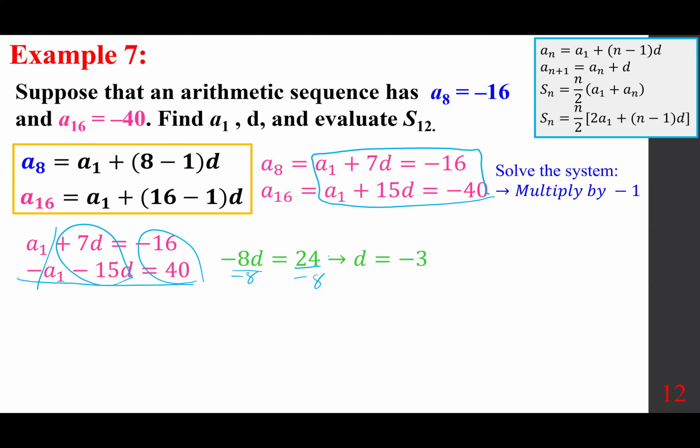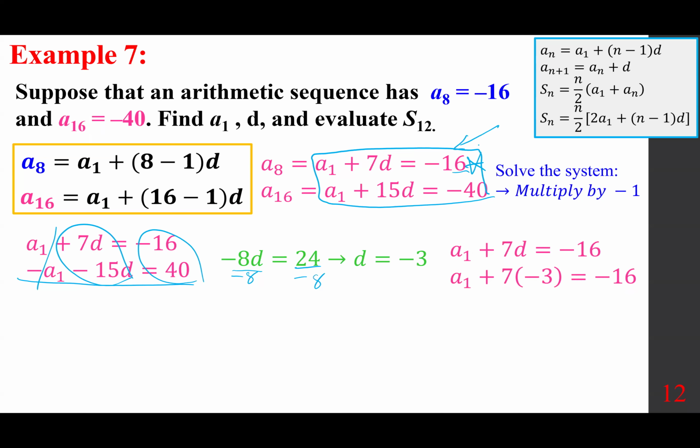I want to make sure that everybody's following all these steps that were done very clearly. Now we use one of the equations. For example, let's use this one. A sub 1 plus 7 times D equals negative 16.